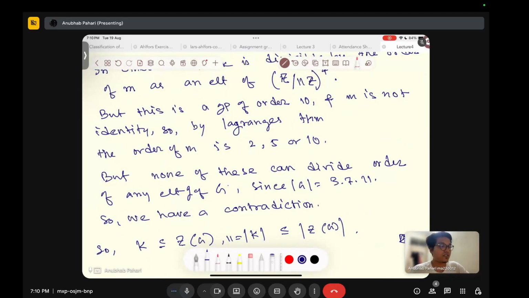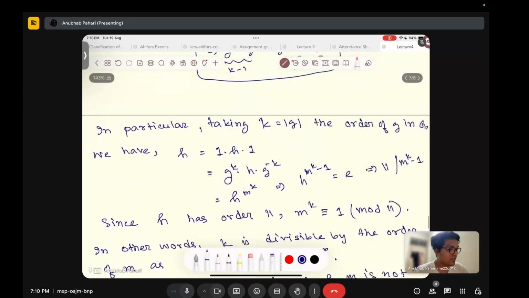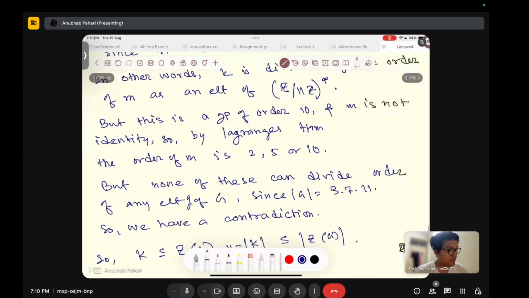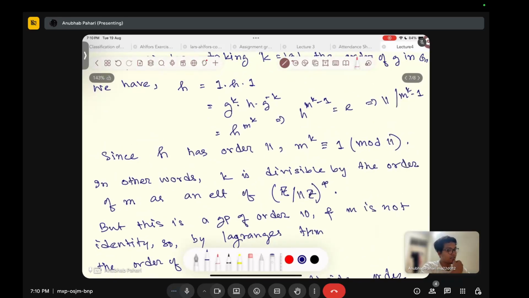Sir, here in other words, the line next to it. What is Z by 11Z? That means the cyclic group of order 11.